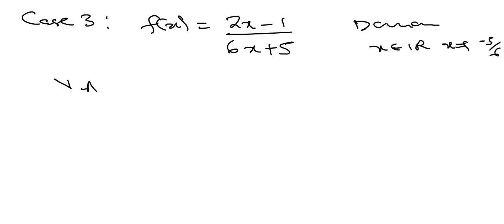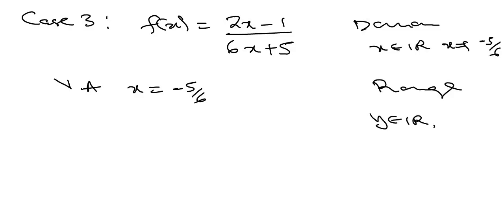This will be a vertical asymptote, negative 5 over 6. Then, to get the range, y is all real numbers except the coefficient of x from the numerator divided by the coefficient of x from the denominator. So it's going to be 2 over 6, which is the same as 1 over 3.